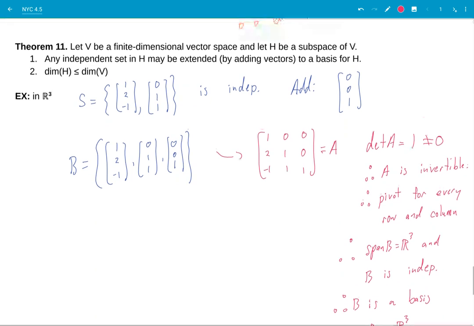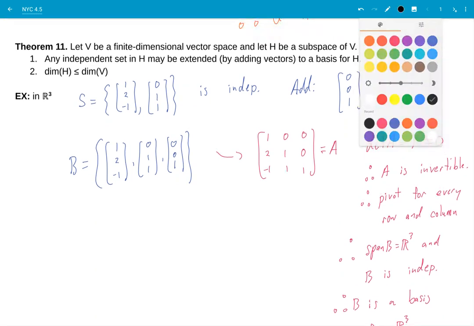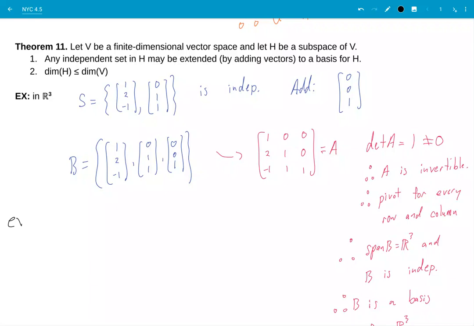Okay, less obvious example, just briefly. Let's go P2. If I have something like t and t squared minus 1, this can be extended.